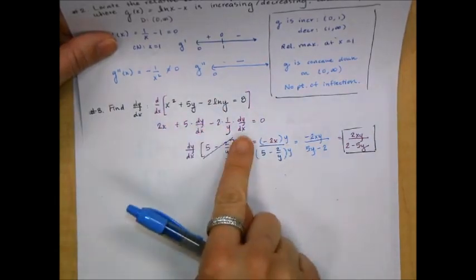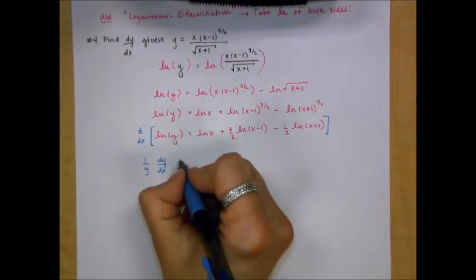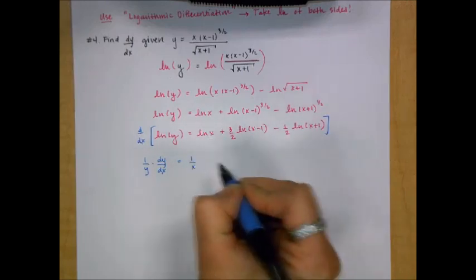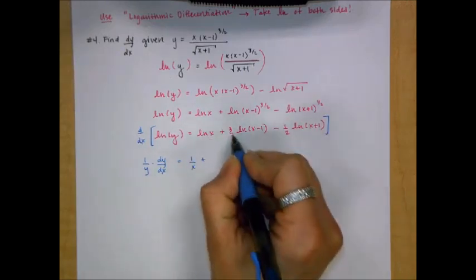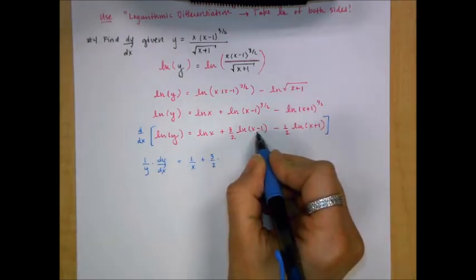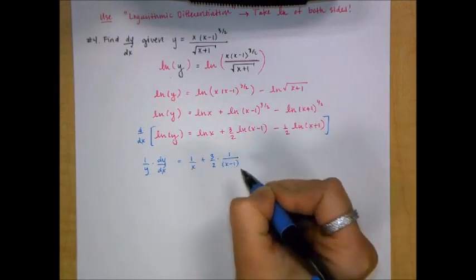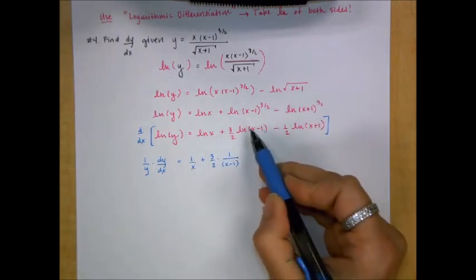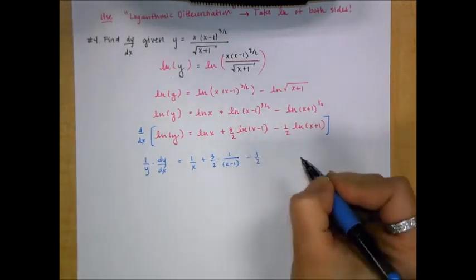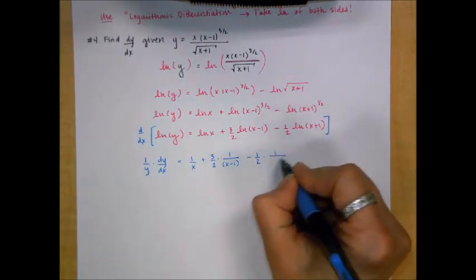The right side: derivative of natural log x, 1 over x, plus a coefficient 3/2, derivative of natural log of x minus 1, so we want to do 1 over what's inside, times the derivative of what's inside, which would be 1, minus 1/2 times the derivative of this natural log, 1 over x plus 1, times its derivative, 1, so the derivative of what's inside.